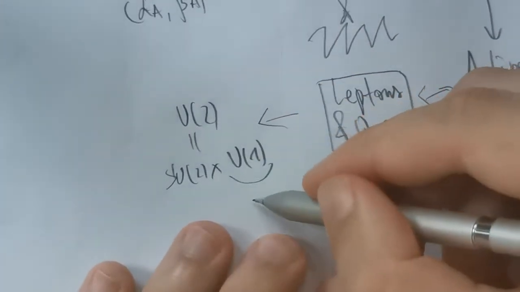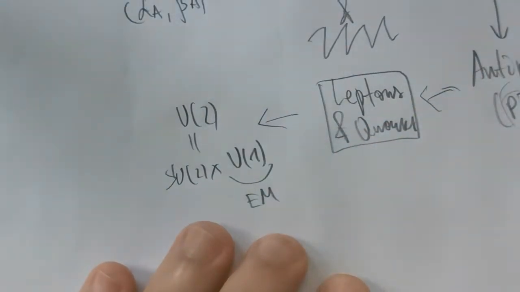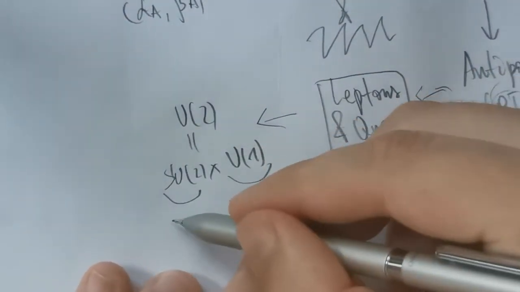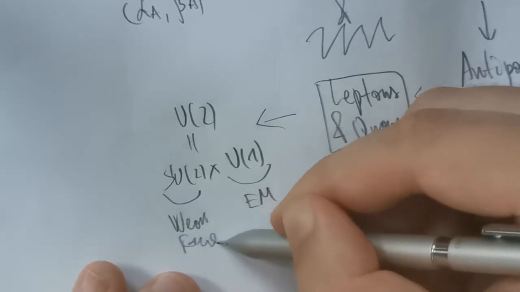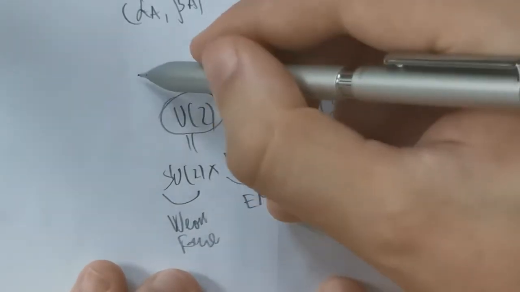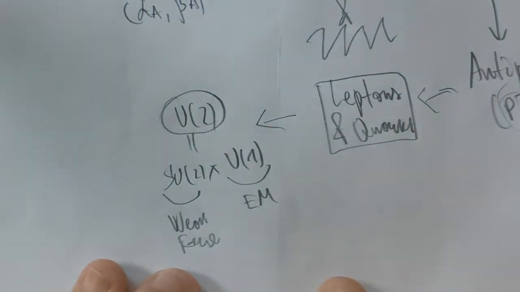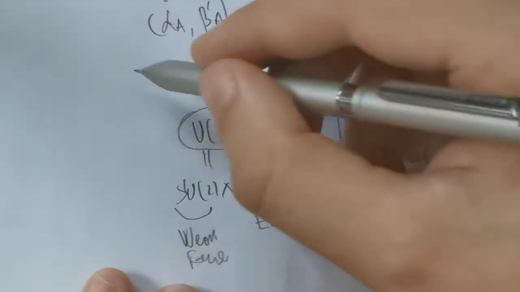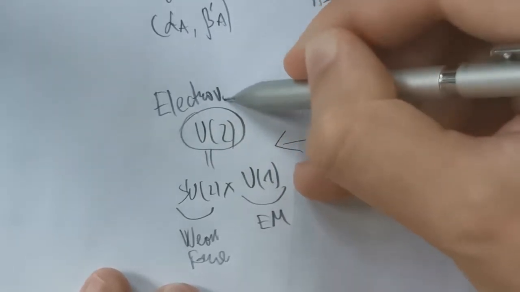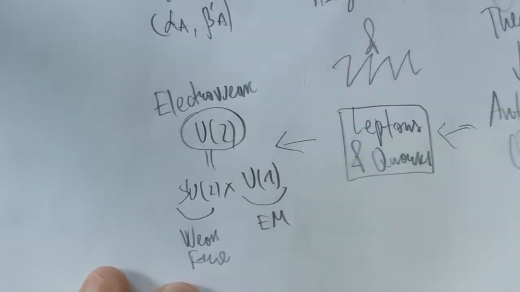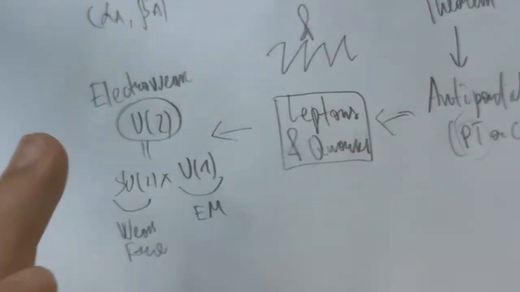We know that U1 corresponds to the electromagnetic force, and SU2 corresponds to the weak force. So U2 is like the upper theory here, and it's called electroweak symmetry, or theory. So that's electroweak symmetry basically.